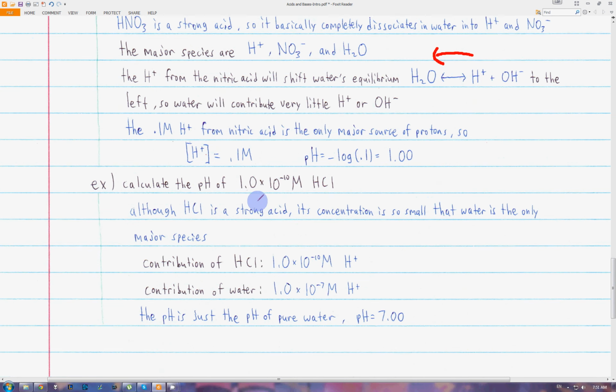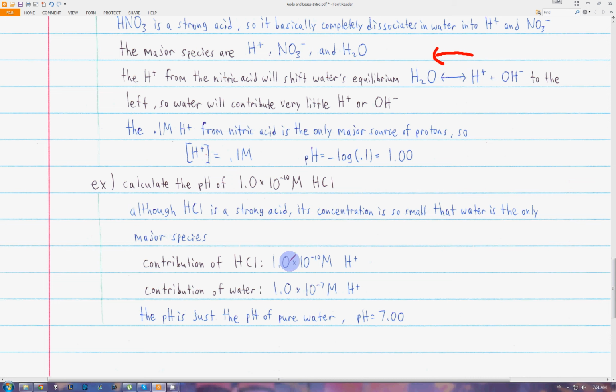So next we have a solution of 1 times 10 to the negative 10th molar hydrochloric acid. Now, hydrochloric acid is a strong acid, so it dissociates completely. However, if you look at the concentration, it's so small that it's actually not a major species. So in this solution, water is the only major species.